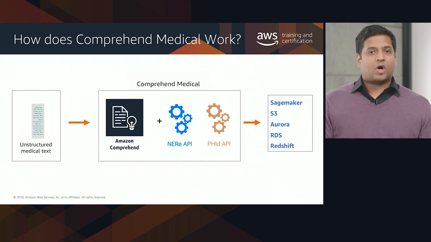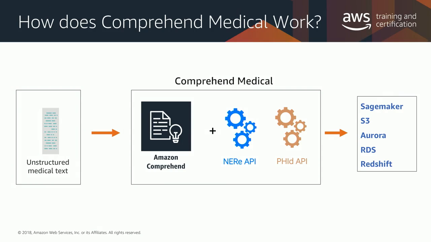You might be asking, how does Comprehend Medical actually work? Well, it is an extension of Amazon Comprehend's natural language processing models for entity extraction of medical text. It uses deep learning to extract entities from unstructured text in the healthcare field, such as clinical notes and radiology readings.